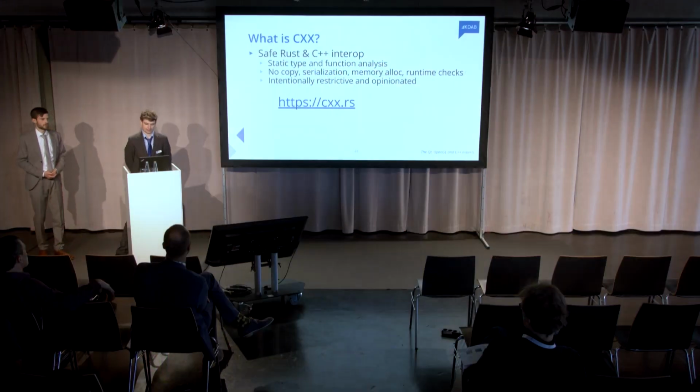It doesn't have any copying, serialization, memory allocation, or runtime checks as things are going across the bridge, so it's very, very performant, and it's intentionally restrictive and opinionated, which means you can't do bad things. You can only pass things across the bridge in certain ways, like via unique pointers, which then means the ownership's been moved, and you can guarantee things are going to work.